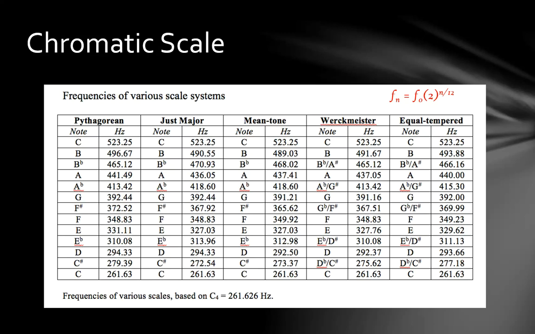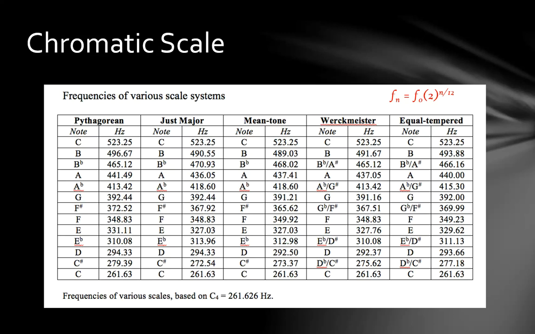The chromatic scale comes from looking at these numbers here and recognizing, okay, we can make a total of 12 notes if we do the scale out. And so let's just take our bass note and make each note above it that bass frequency times 2 raised to the n over 12.